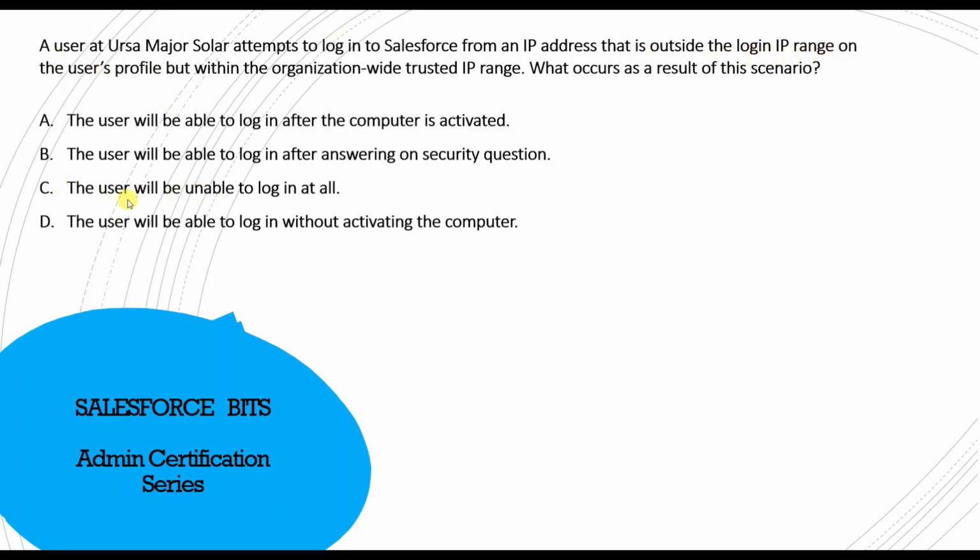So the correct answer would be that the user will be unable to log in at all, because if your IP address is outside only the org-wide trusted IP range, then it poses a security challenge: either verify your answer to a security question or something like that. If your IP range is set on the profile, and if you are accessing from outside the profile range, it will not allow you to log in.